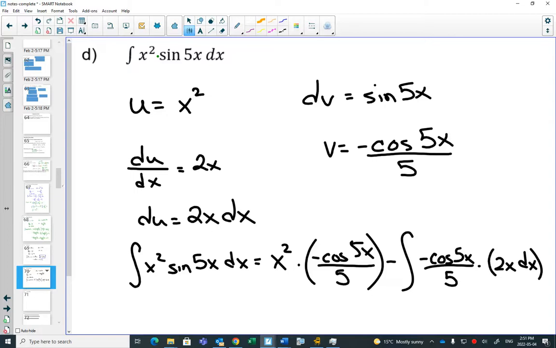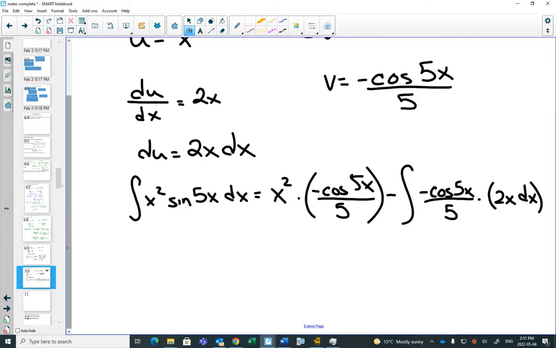Uh-oh. Why is it uh-oh? Because the integral inside is not one that's easy to do. Unless you use integration by parts again.